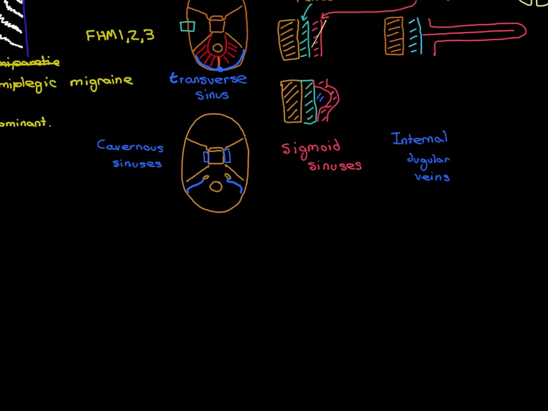So the superior petrosal sinus is in this position. It runs along the top of the petrous portion of the temporal bone and then drains into the top of the sigmoid sinus, like so. So that's the position of the superior, because it's on the top, and petrosal because it's running along the petrous portion of the temporal bone, and then it's a venous sinus.